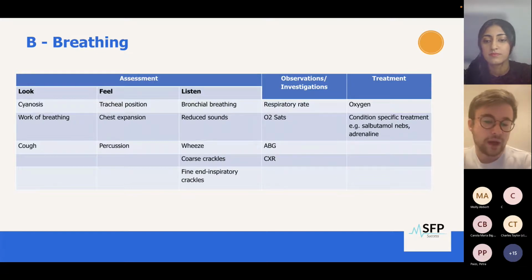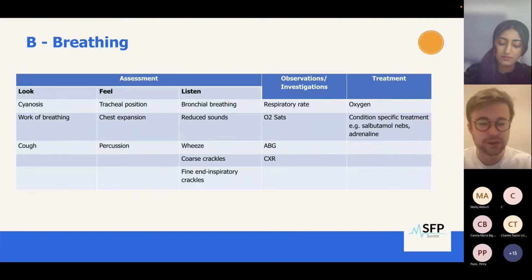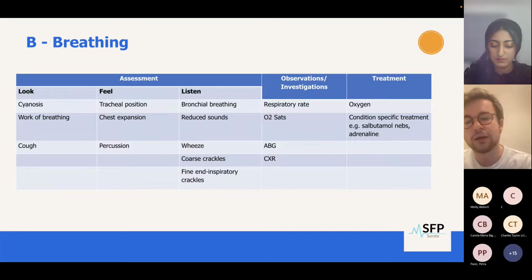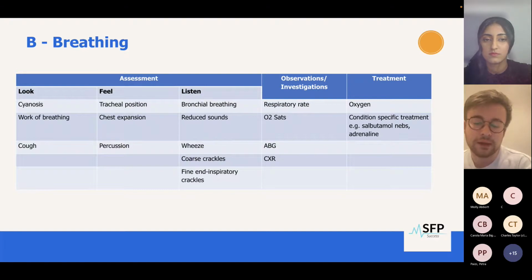And then listening: whether there's bronchial breathing, whether there are parts of the lung where the sounds are reduced, or whether there's wheeze or any crackles present, especially knowing where they're present, whether it's global or in a particular part, and whether that sound is occurring in inspiration or expiration.